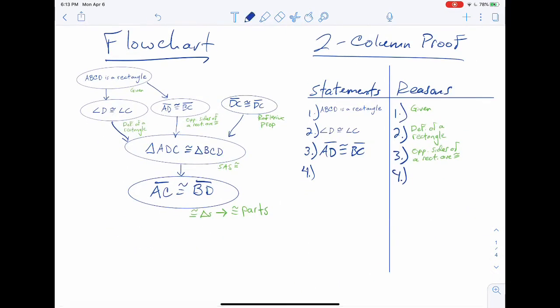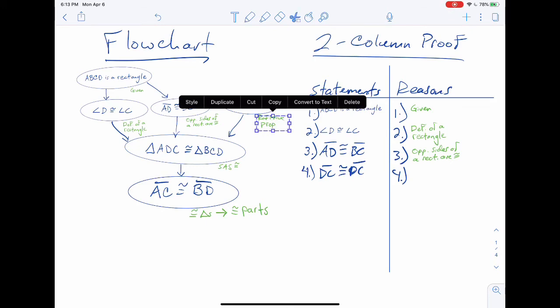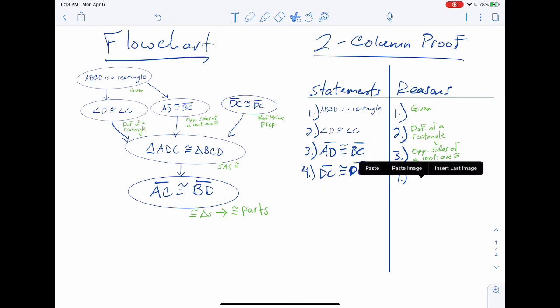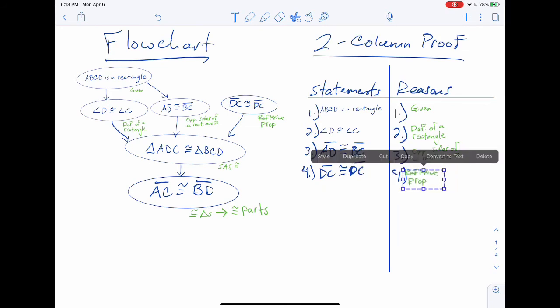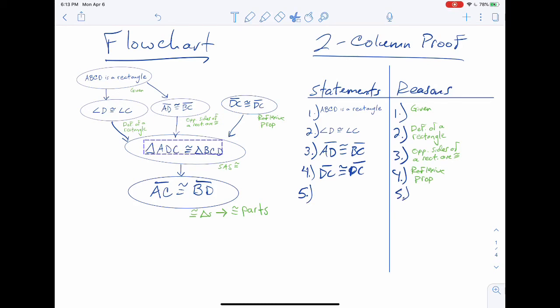So I'll just write this one, DC is congruent to DC. And now I can write my triangle congruence statement.